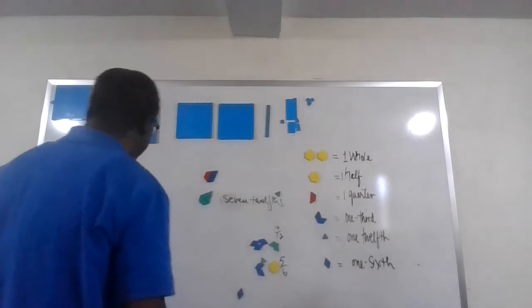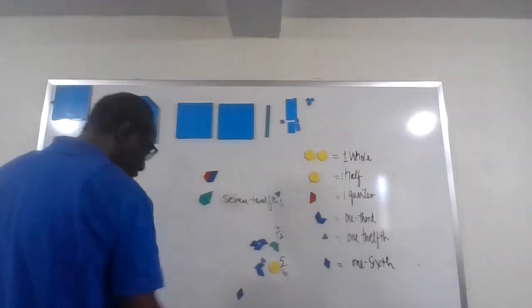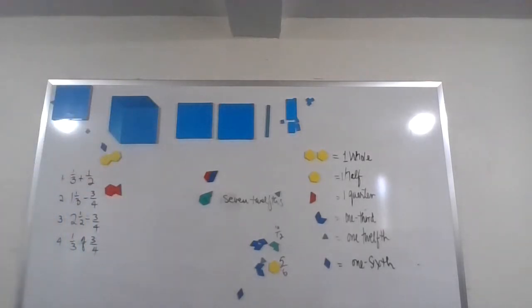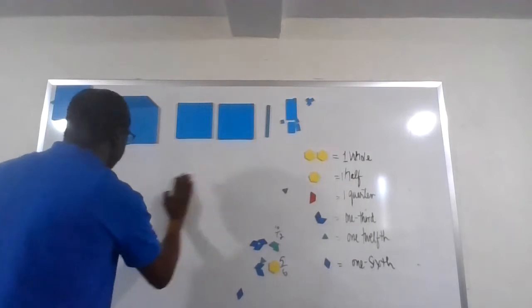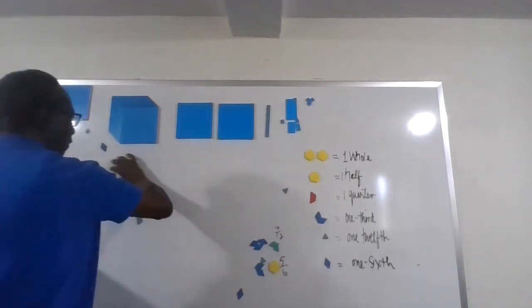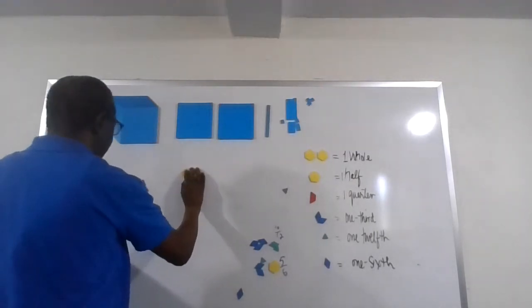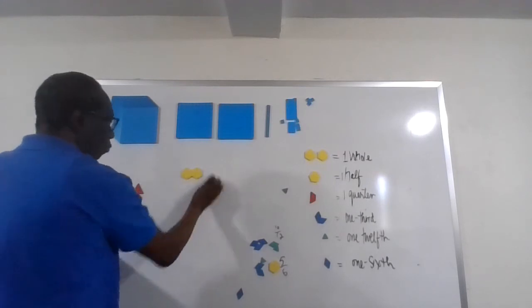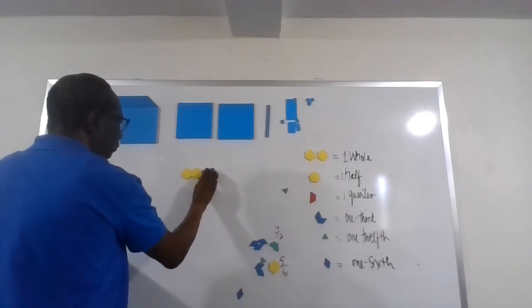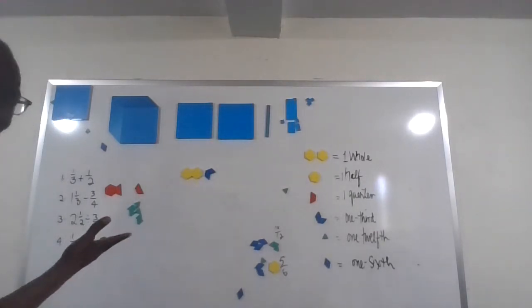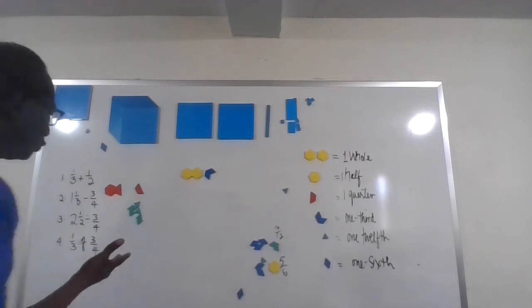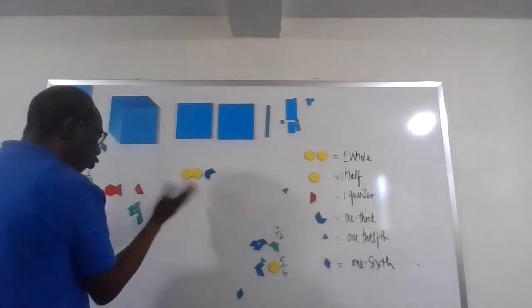Let me try that again. We have 1 1/3. Here's my 1. 1/3. And I would like to subtract, take away, diminish that amount by 3/4. Well, I don't have fourths.